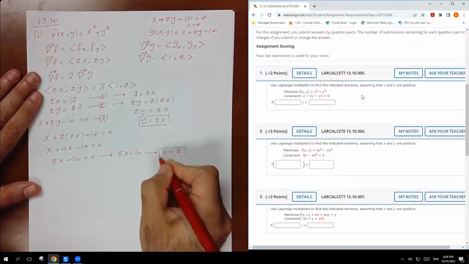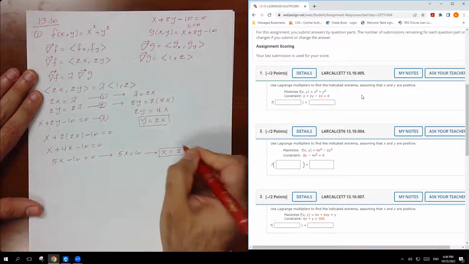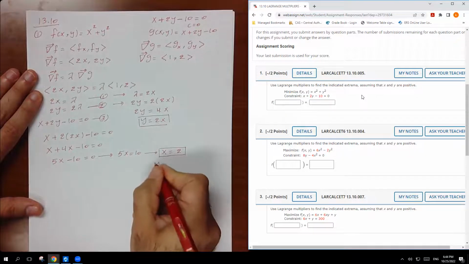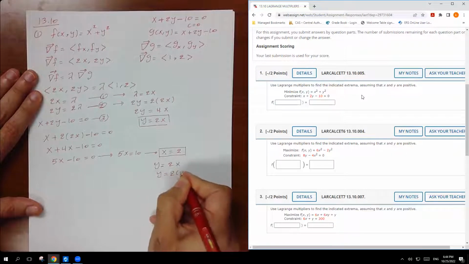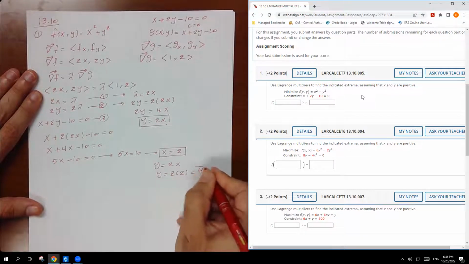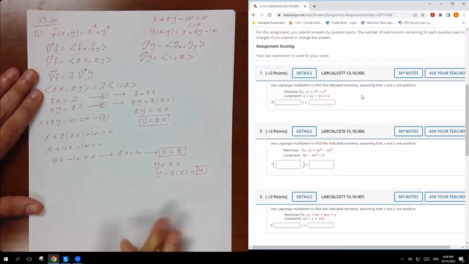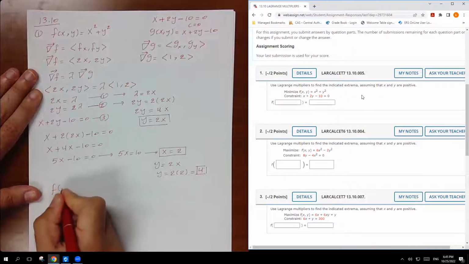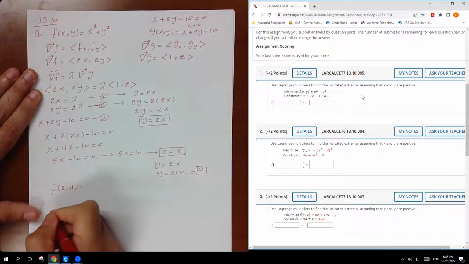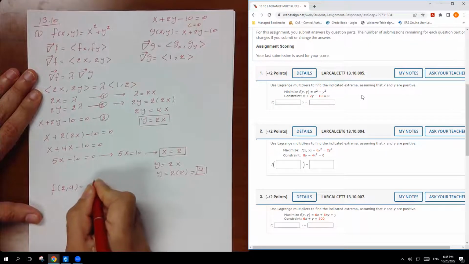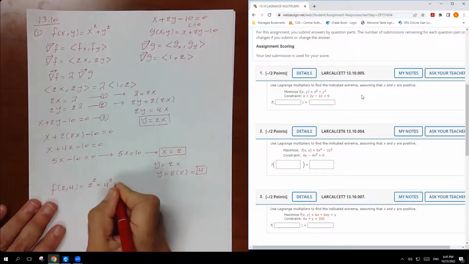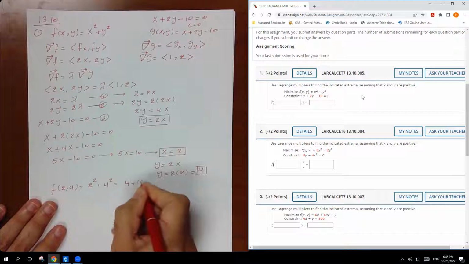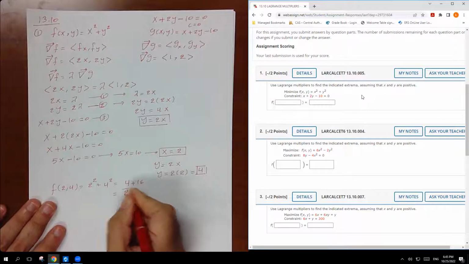So I found the value of x. I'm going to plug in here. That means y is going to be equal to 2x. So y is going to be equal to 2 times 2, which is equal to 4. So the value of y equals 4. Then that means f(2, 4) is going to be equal to 2 squared plus 4 squared, which is equal to 4 plus 16, which is equal to 20.